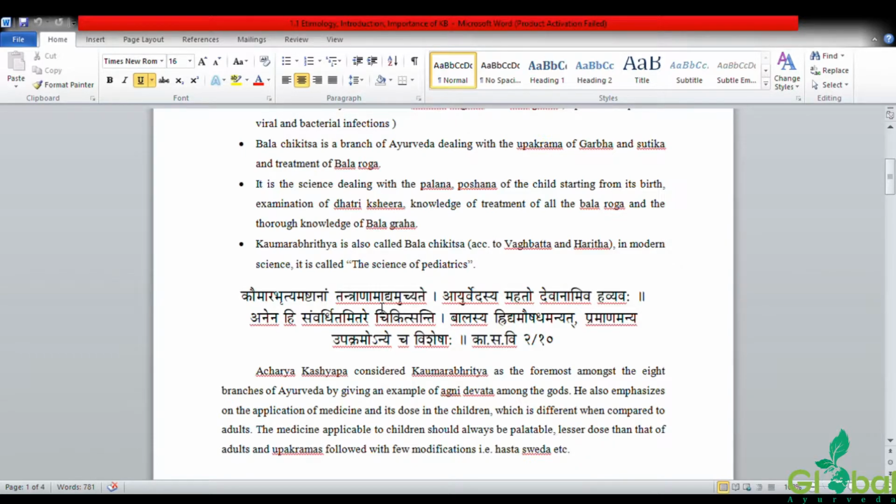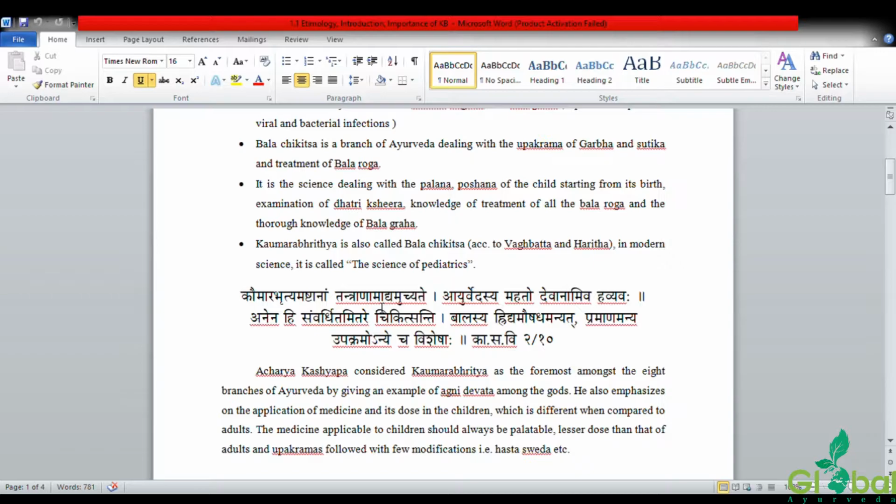While describing the importance of Kaumarbhritya, he considers it as the foremost, that is very important amongst the 8 branches of Ayurveda, by giving an example of Agni Devata among the gods. Even though we have many Devatas in this universe, we take only the Agni Devata while performing the Havana. As Agni Devata is very much required during the process of Havana, Kaumarbhritya is also very important while we are studying the science of Ayurveda.